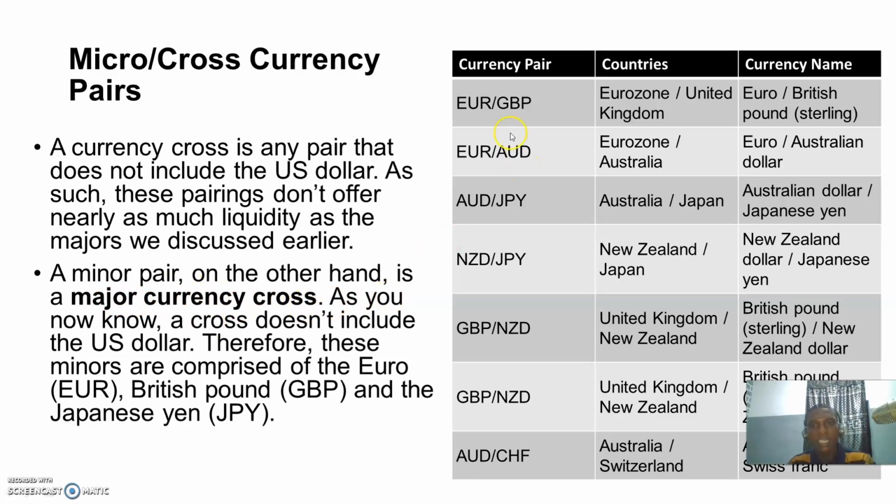If you can see from here now, on these cross currencies, it is part of the currencies from our major currencies that forms this cross currency, which is the Euro GBP, Euro AUD, AUD JPY, NZD JPY. So these are currencies from our major currency pairs paired together, except the US dollar.